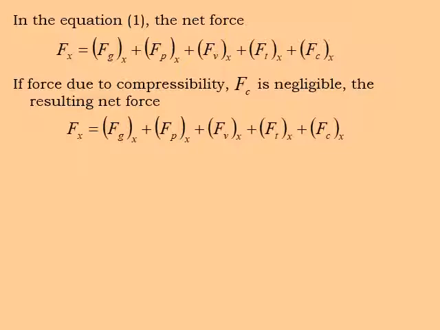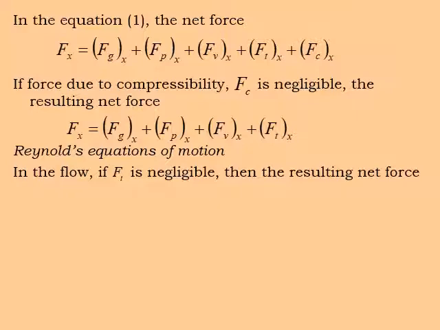Now F of c is not there, that means it is negligible. Then that equation of net force is called Reynolds equation of motion. So in case the force due to compressibility is negligible, the net force acting on the fluid element is given by Reynolds equation of motion.